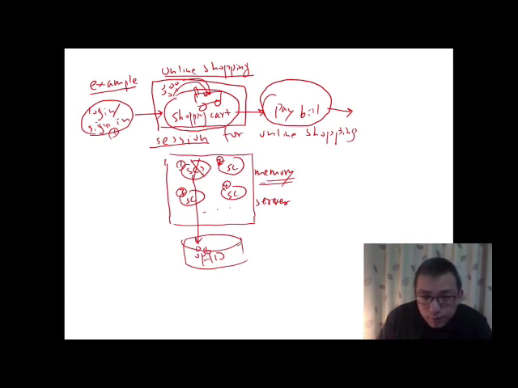So once you come back, for example, the next week or tomorrow, and you sign in to the site again, the system will reconstitute your shopping cart for you based on the data that is stored in the hard disk.